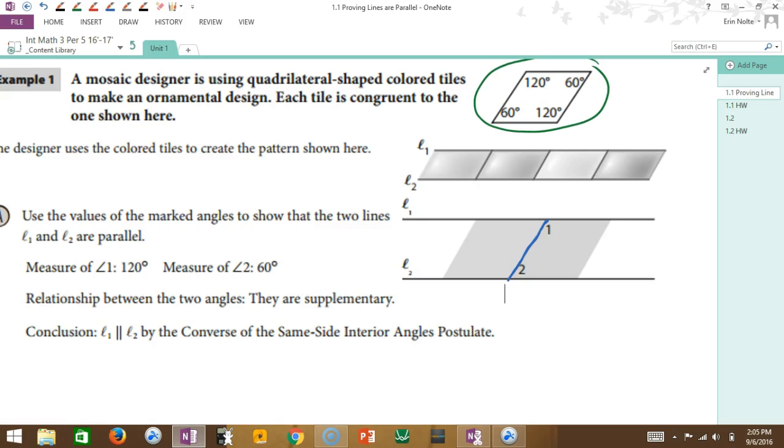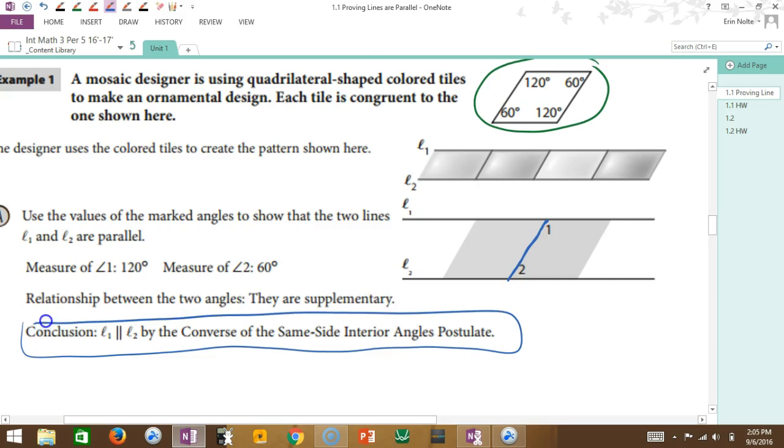You add them together and they make 180, which means they are supplementary. And what kind of angles are those two angles? Same side interior angles. So if same side interior angles are supplementary, the lines are parallel. Conclusion.